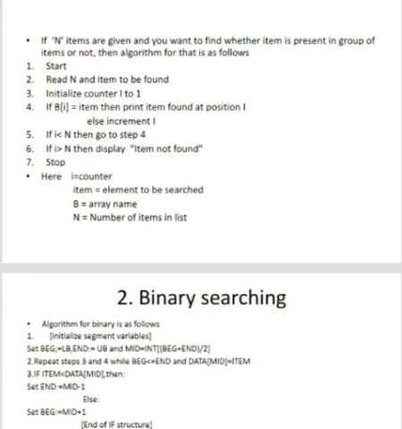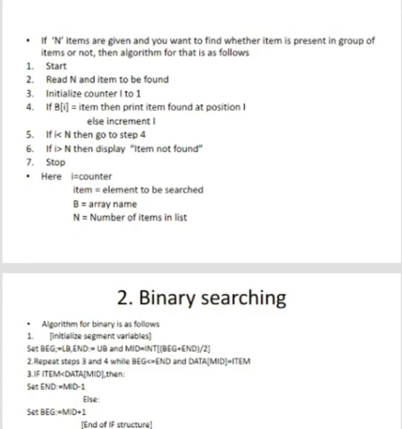Initialize segment variables. Set beginning to LB, end to UB, and mid, that is the middle location, to beginning plus end divided by 2. The second step is to repeat steps 3 and 4 while beginning is less than or equal to end and data of middle is not equal to item.